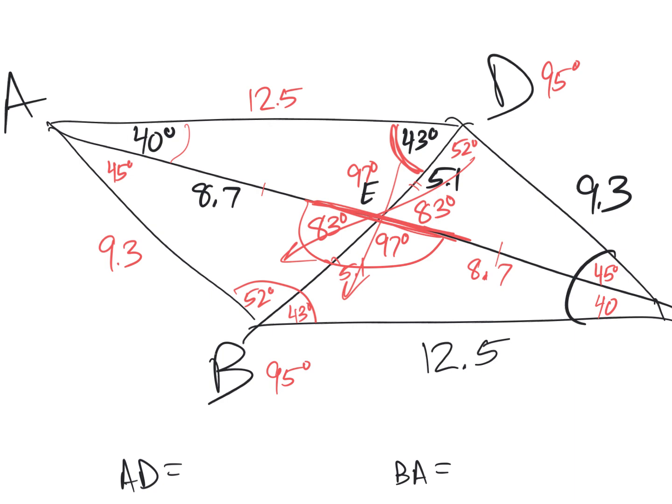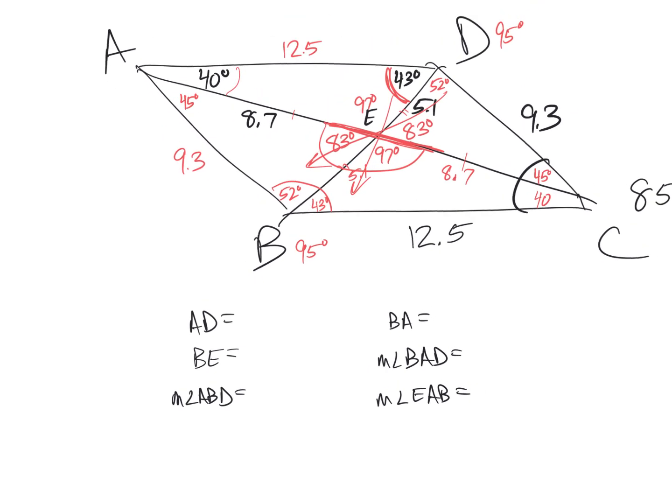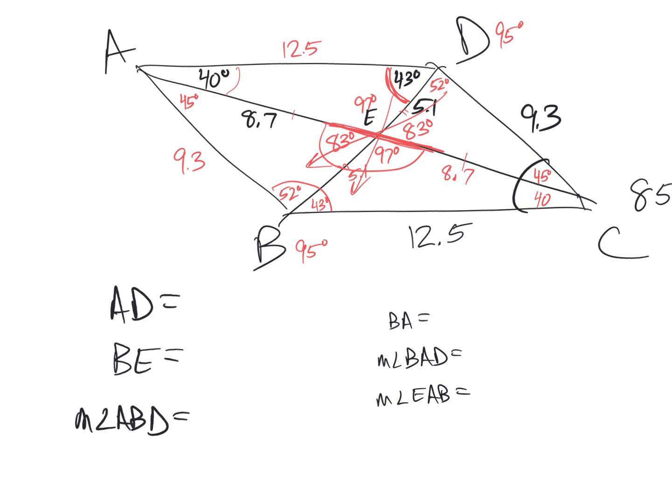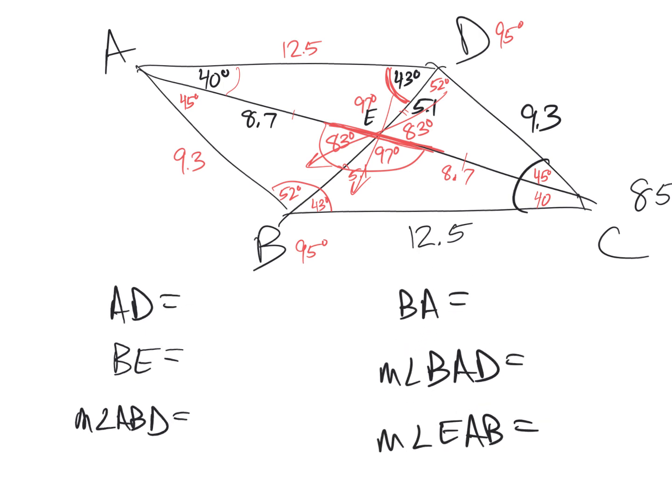Okay, having said that, that's important to actually look at. And now these are separate from each other. Okay, so we've answered all these questions. AD is 12.5. BE is 5.1. ABD is 52 degrees.